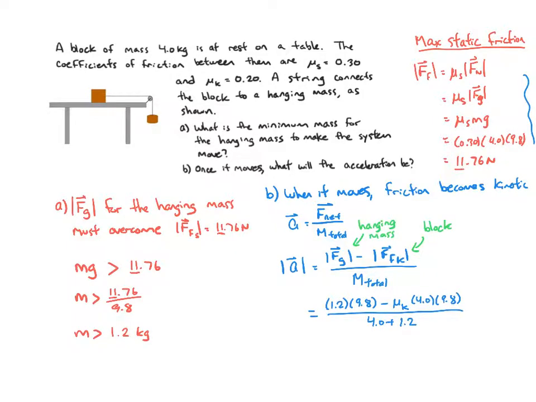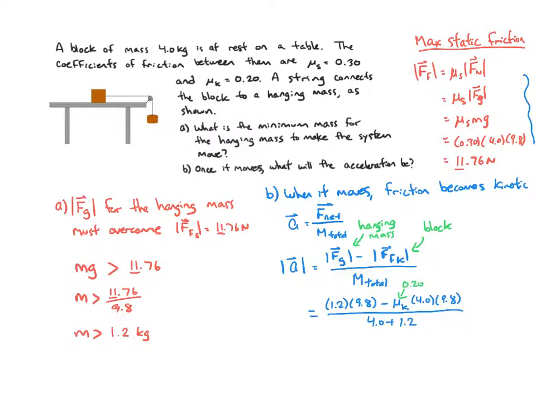That's going to be 5.2. All right, so when I calculate that out, that's going to give me the answer for acceleration. The mu kinetic, I know the value for that. The value for that's given way back up in the question, 0.20.